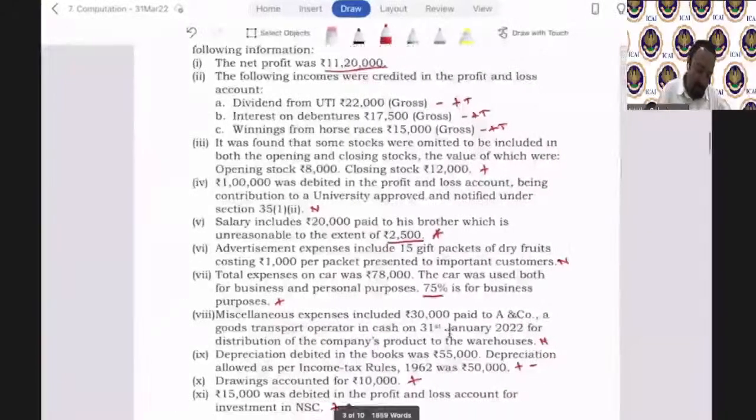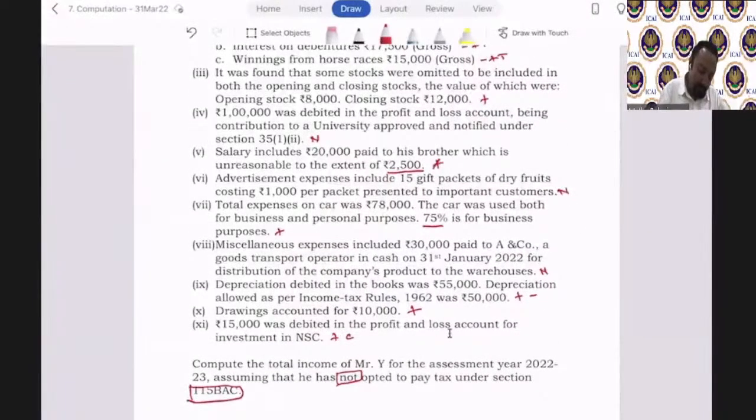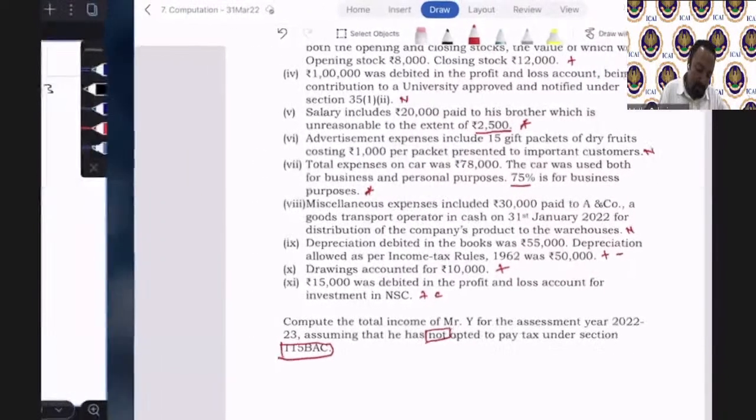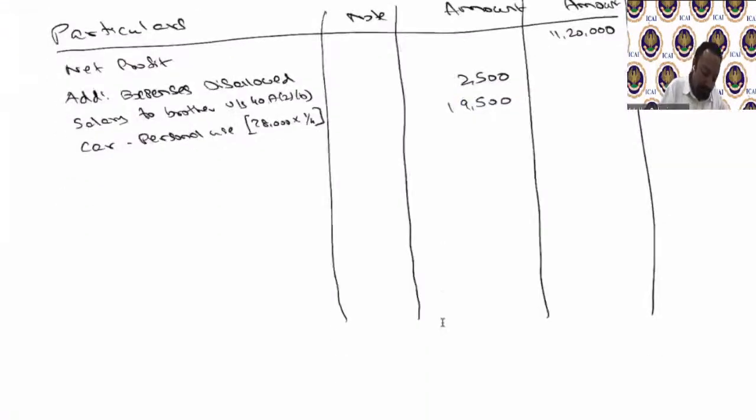So do you have anything else for addition? So now this is done. Depreciation debited in the books, I'll have to add that. Drawings accounted, so I'll first add drawings. Personal under section 37. Section 37 says any personal expenditure cannot be allowed.